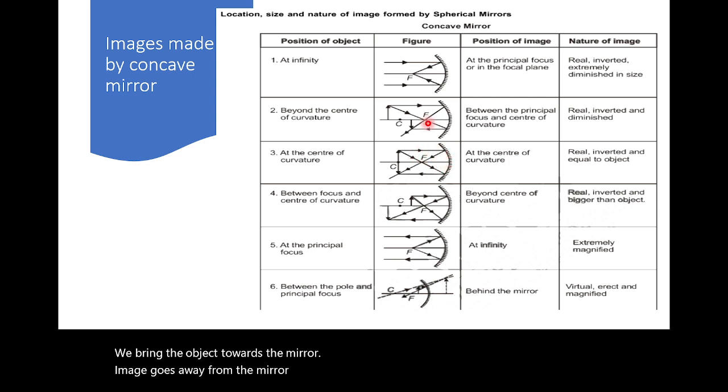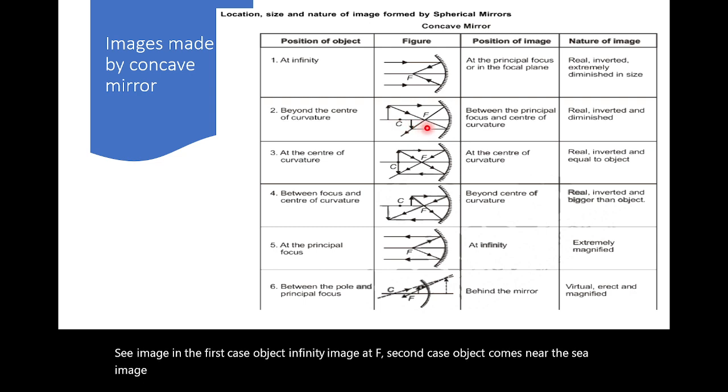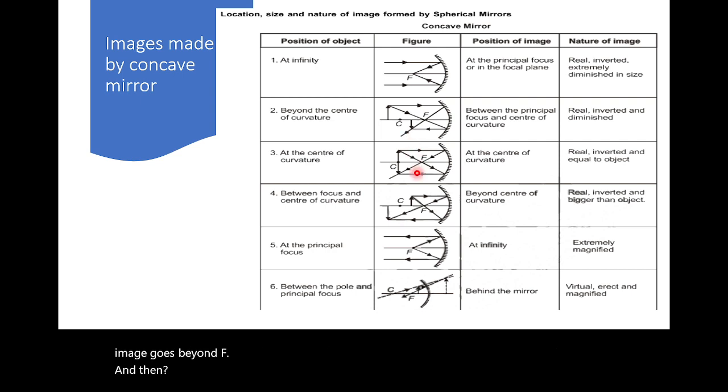You can see in the first case, object at infinity, image at F. Second case, object comes near C, image goes beyond F. Next, object comes at C, image goes to C. And then object comes towards F, image goes beyond C. Object comes at F, image goes to infinity.